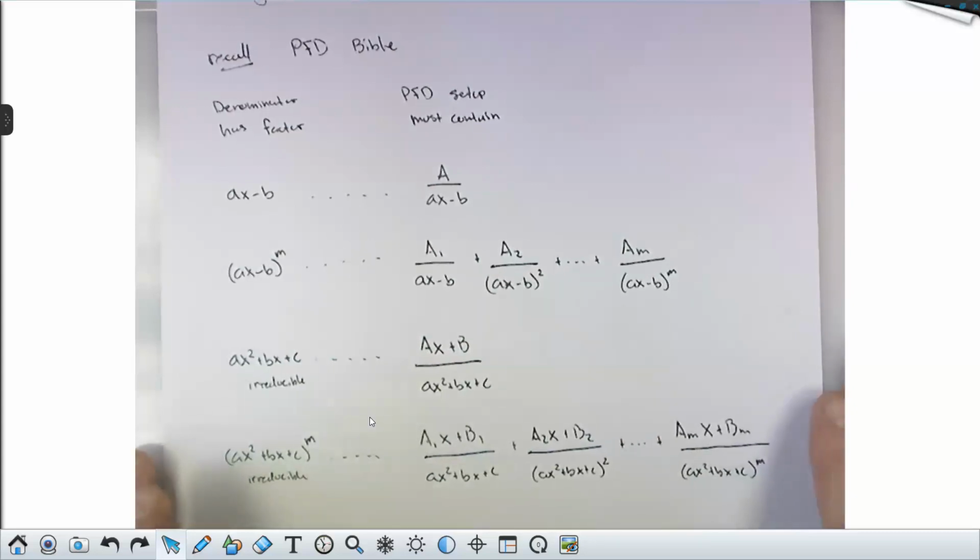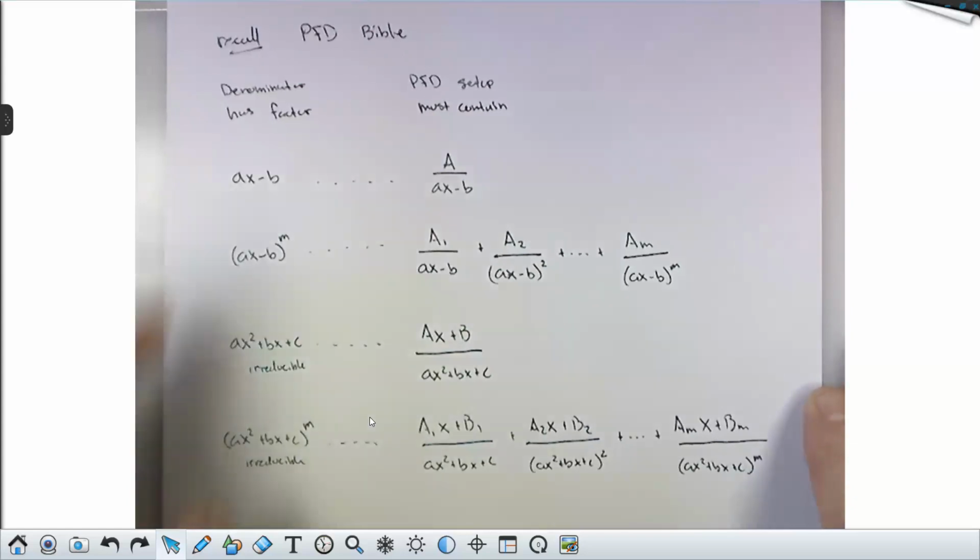The things that I want to tackle today that we haven't really tackled yet are these cases, which are the nasty ones.